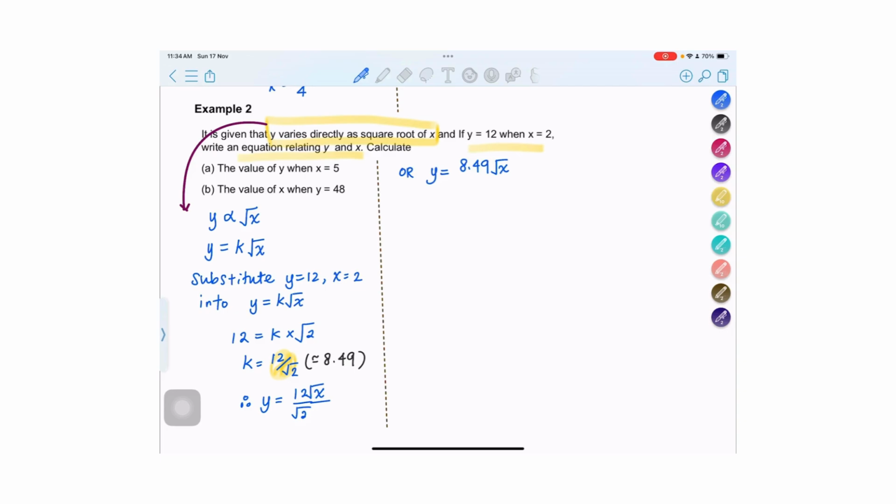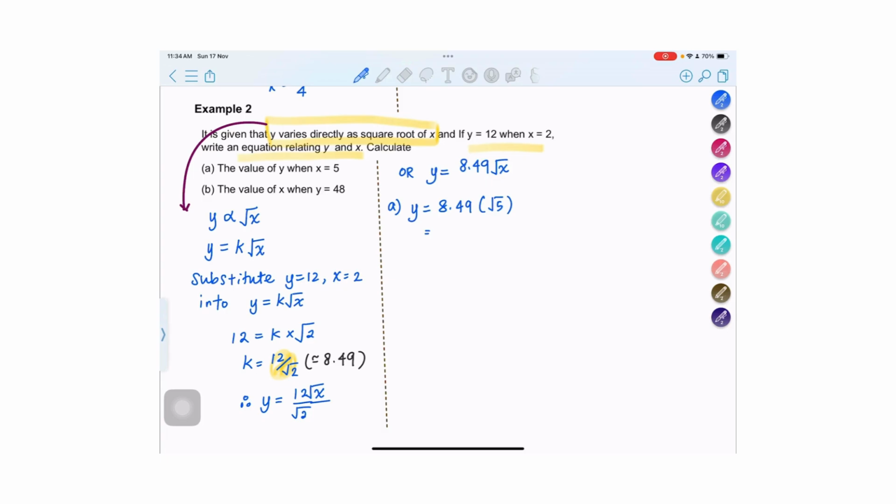Okay, let's look at part A. Part A, they say find the value of y when x equals 5. From here, I will put y equals 8.49 multiplied by square root 5.